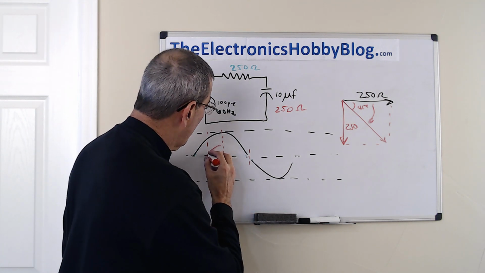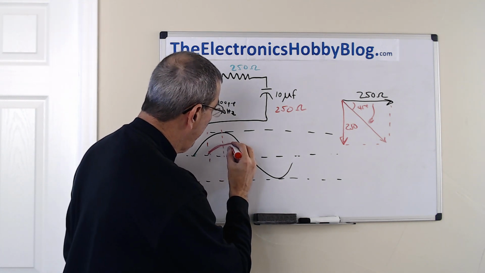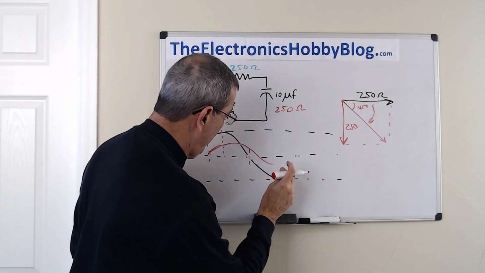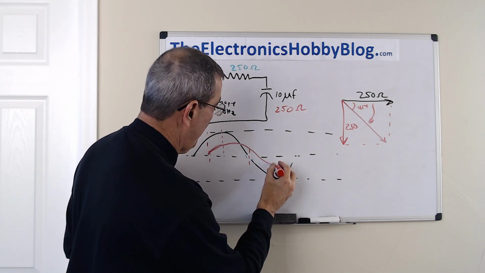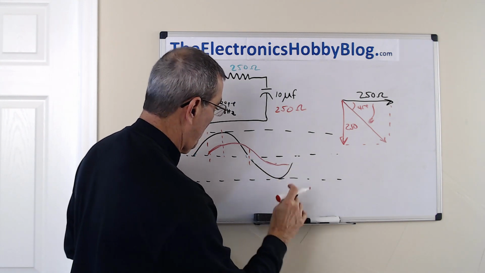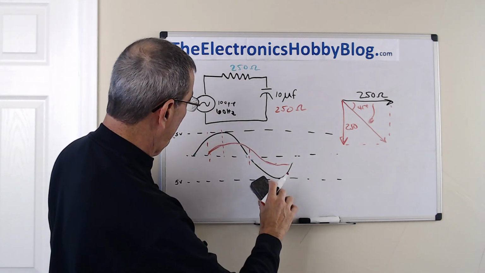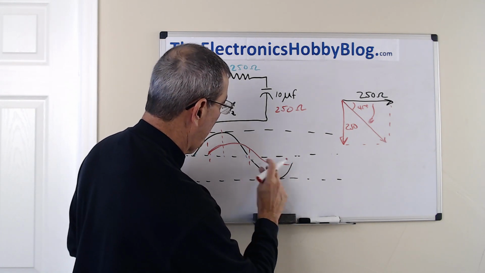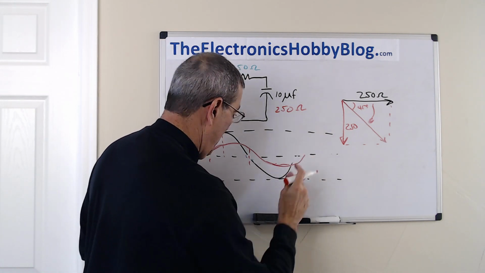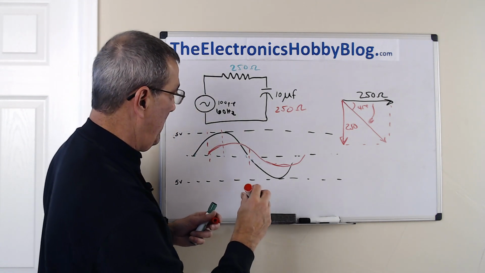So the voltage across the capacitor is going to look like that.